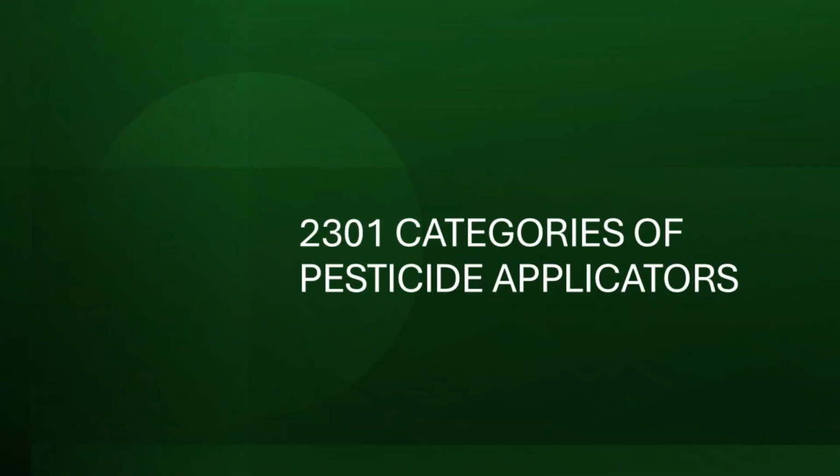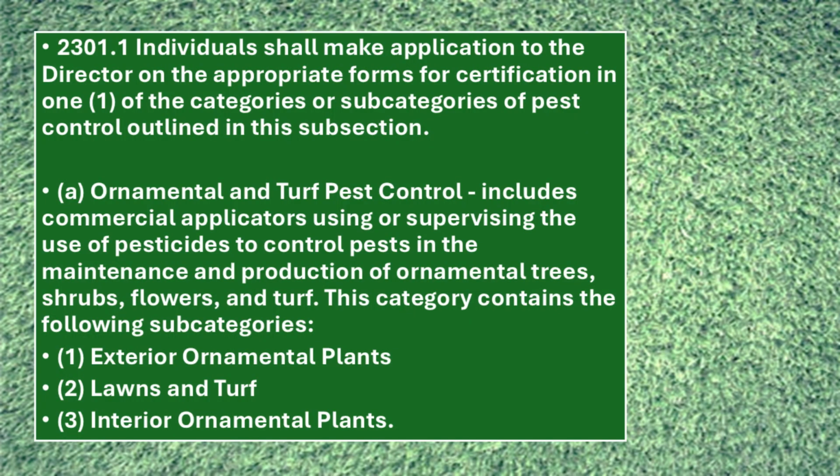2301. Categories of pesticide applicators. 2301.1. Individuals shall make the application to the director on the appropriate forms for certification in one or more of the categories or subcategories of pest control outlined in this subsection.